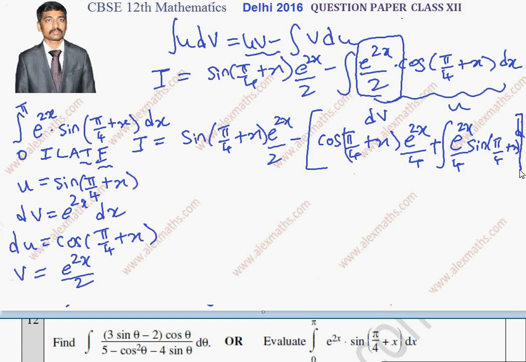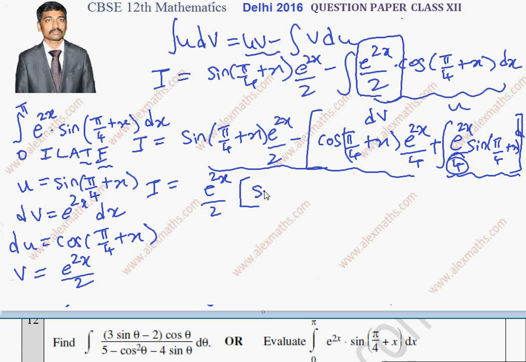Now integration is finished. Now this question itself appeared again here except for this by 4. So I can substitute that as I by 4. So I equal to these terms as it is. I can take e power 2x by 2 common.